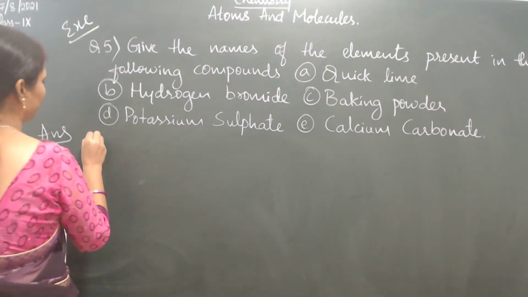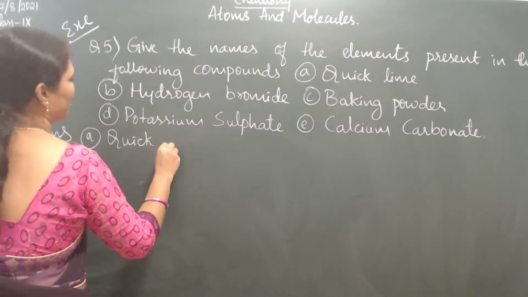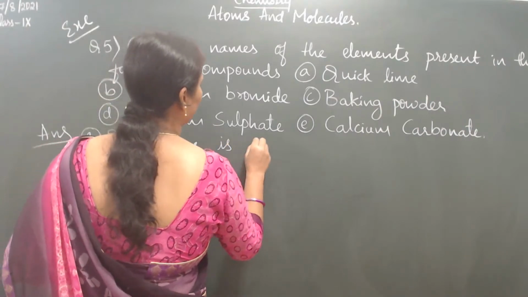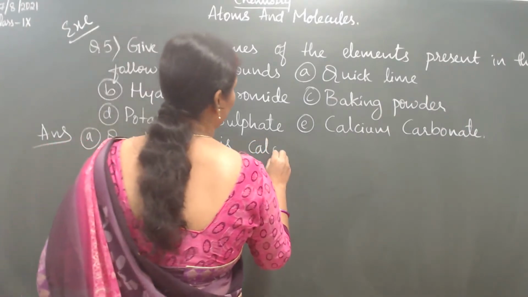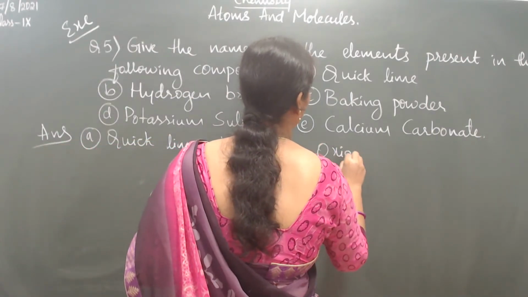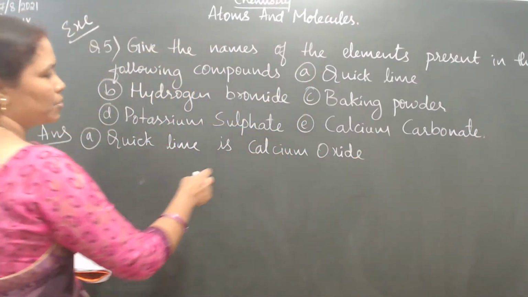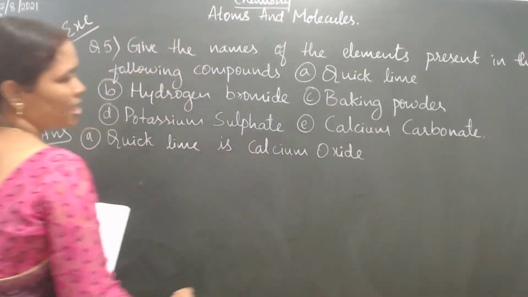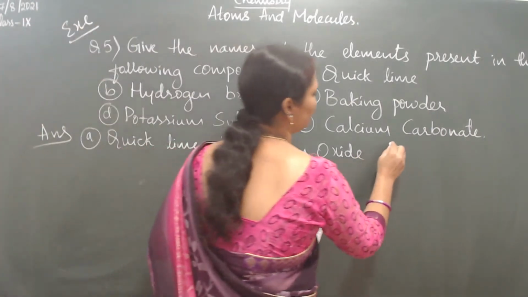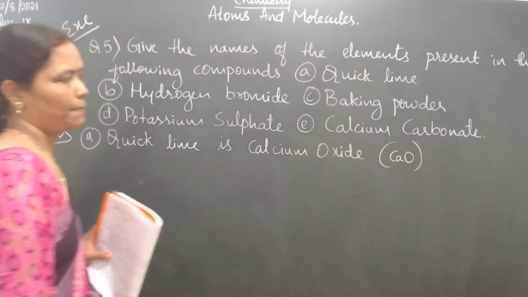First one, quicklime. It is also called, what is the name of this compound? Calcium oxide. Okay. Just now in the fourth question we learned about calcium oxide and calcium carbonate. What is the symbolic representation for calcium? Ca, and oxide is O. Okay.